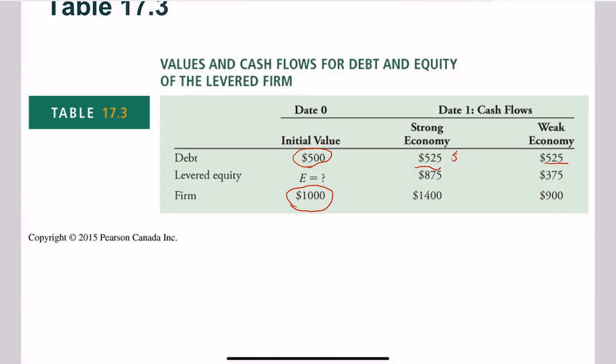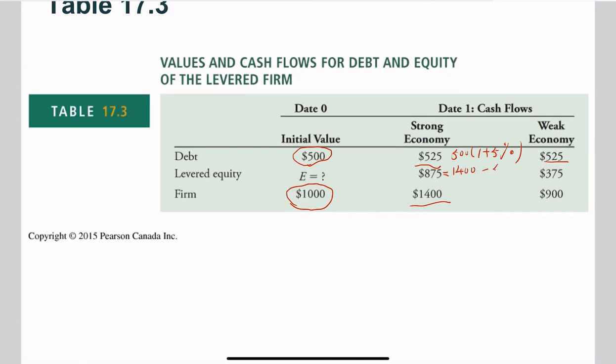This is essentially 500 times 1 plus 5% interest rate. And you can see that if the economy is strong, the total cash flow would be $1,400. So this implies you will have $875, right? Cash flows go to the pocket of equity holders. So here, this essentially equals 1,400 minus 525.